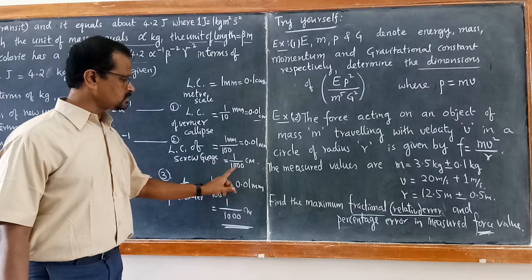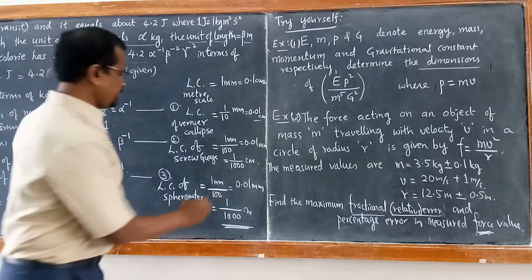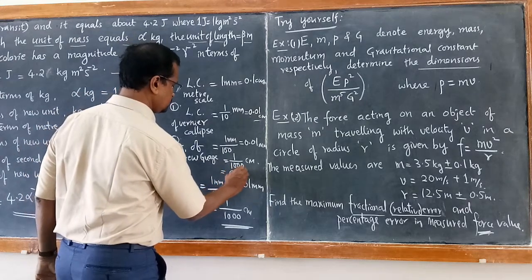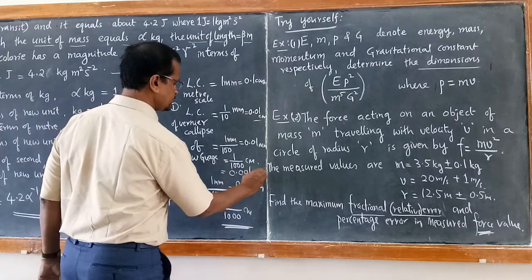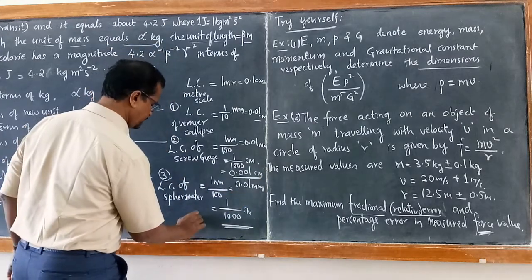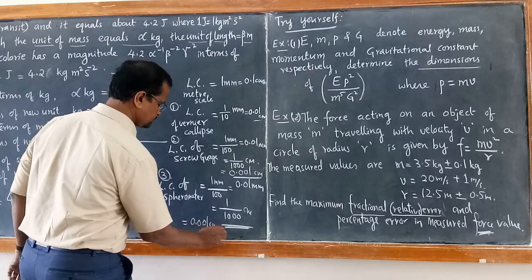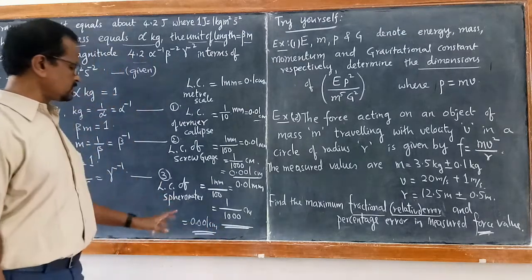How do you write that in decimals? 0.001 centimeter. This is the same for the spherometer, 0.001 centimeter.